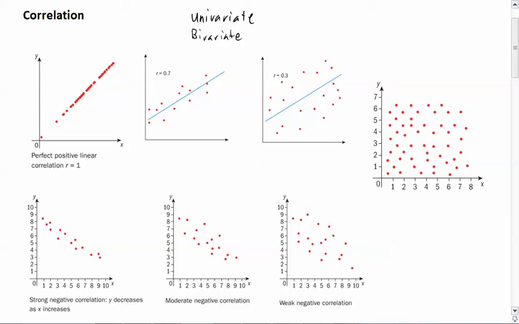Now, if the data is increasing, as X increases, Y also increases, that is a positive correlation. If the points lie along a perfect straight line, then we say that it has a perfect positive linear correlation of r equals 1. This r is called the Pearson product moment correlation coefficient.